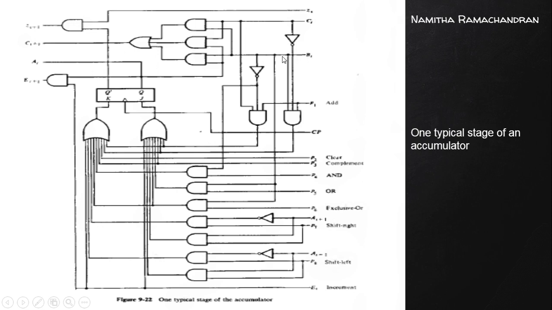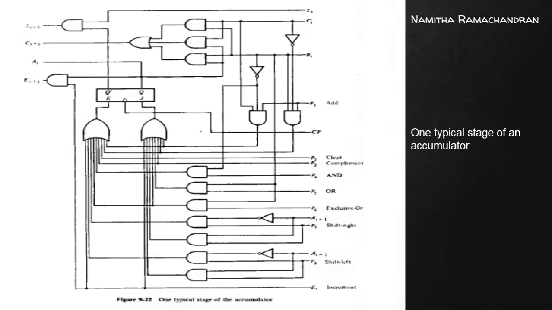The first term is Bi Ci complement P1, which forms one of the terms for this OR gate. Next is Bi complement Ci P1. Third term is P3 itself. P3 is directly given as an input to this OR gate.